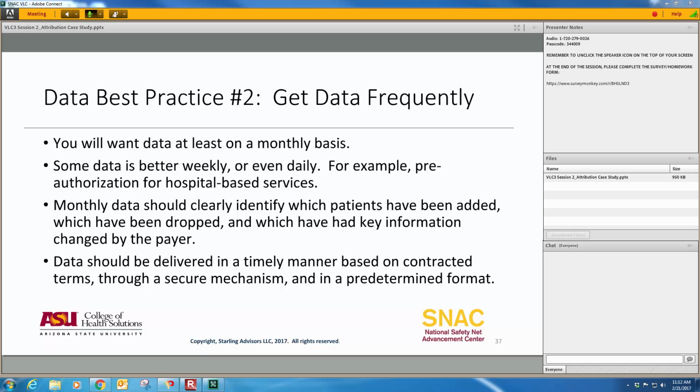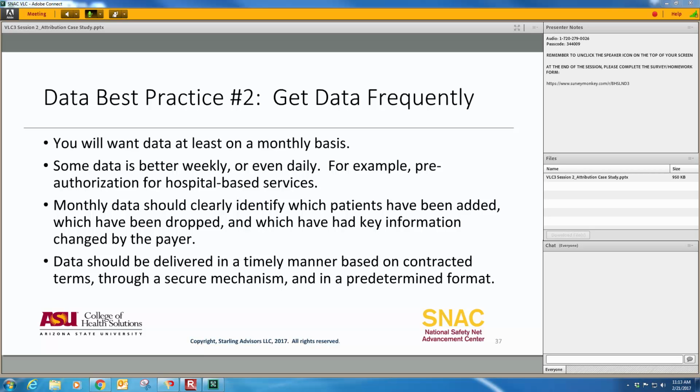Monthly data should ideally identify which patients have been added, which have been dropped, and which have had key information changed by the payer. Again, that second data set group, that was one of their key challenges, and they had to create some workarounds because the plans didn't give them that.